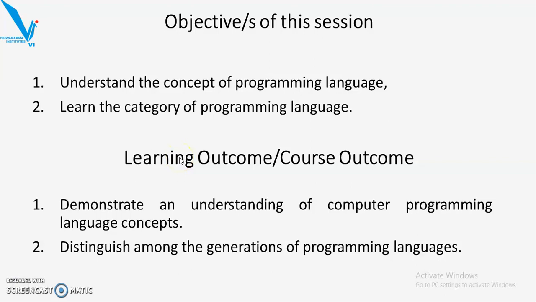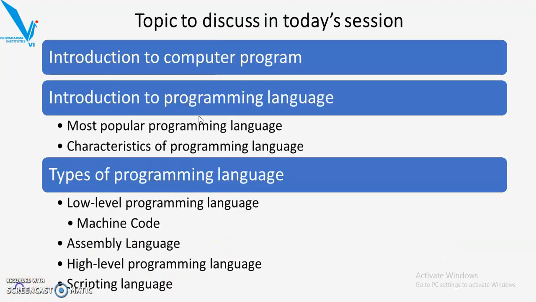Objectives of today's session: understanding the concept of programming language, learn the category of programming language, and learning outcome: demonstrate an understanding of computer programming language concept, distinguish among the generation of programming languages.